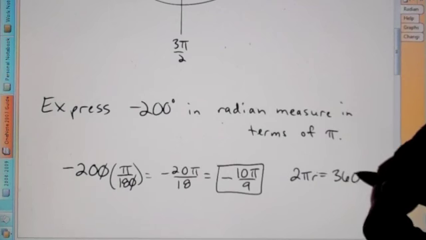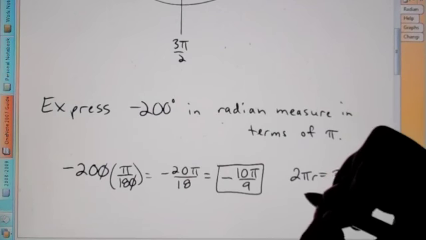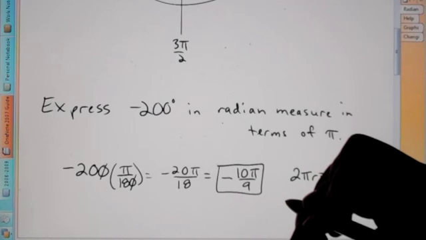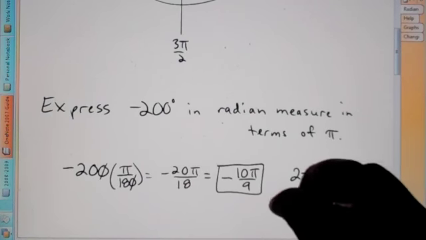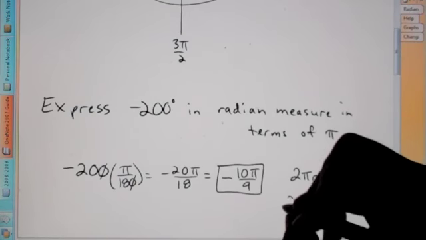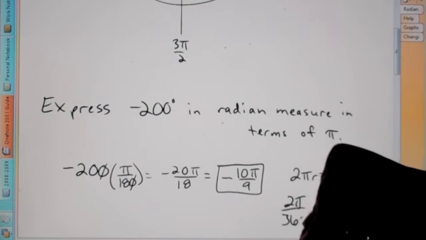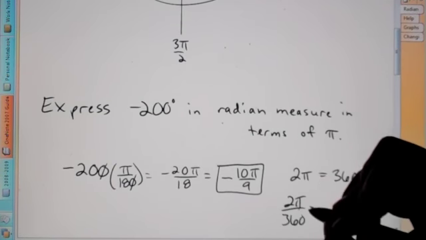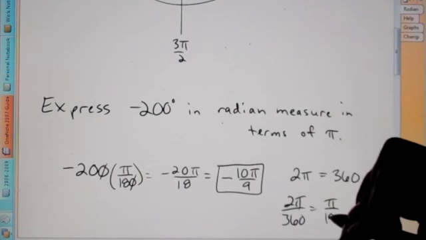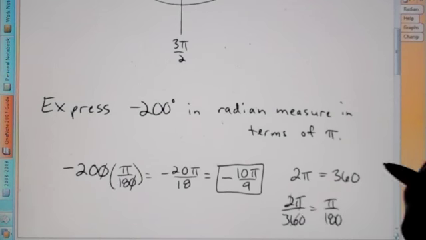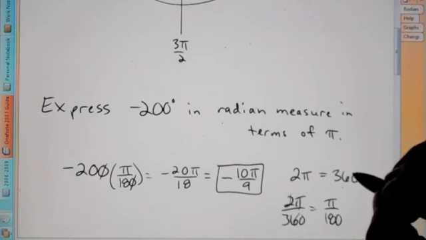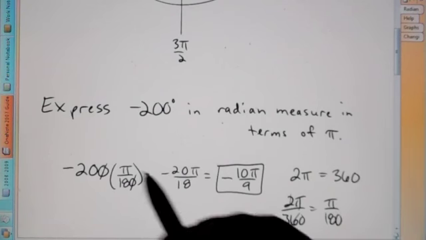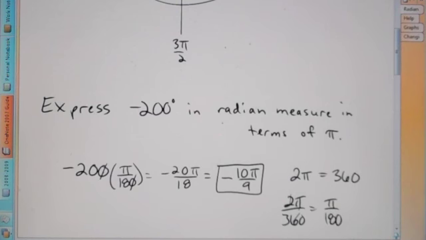Now we move the 360 over, so we get 2 pi over 360, which reduces to pi over 180, because those reduce. So this is what we multiply by our degrees.